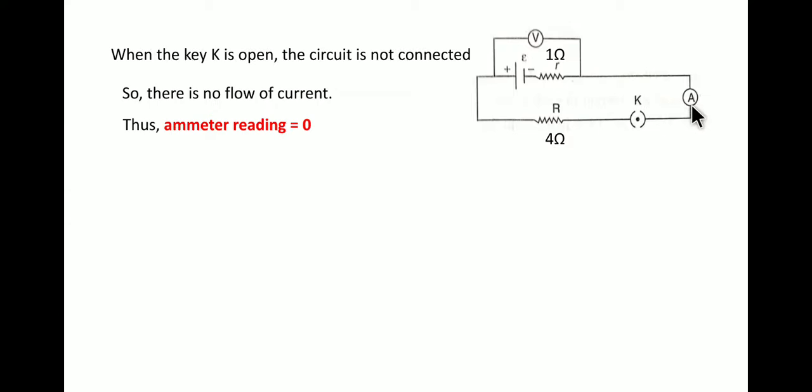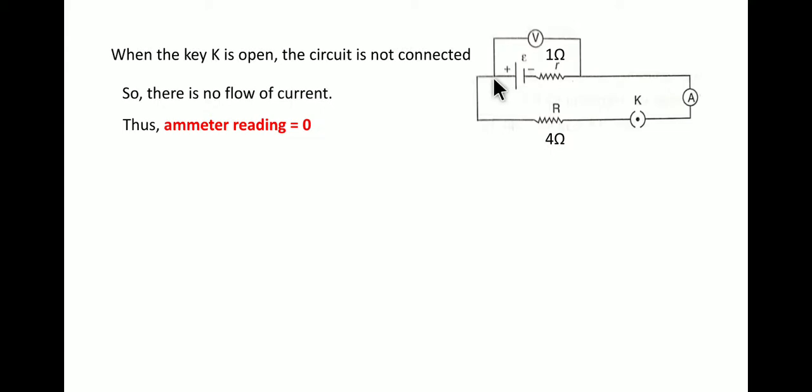Now if there is no current flowing through the circuit and the ammeter reading is 0, that doesn't mean that the voltage across the terminal will also be equal to 0. The voltage across the terminal will be equal to the potential difference of the cell, and the potential difference of the cell is the e.m.f itself when the current is not flowing.